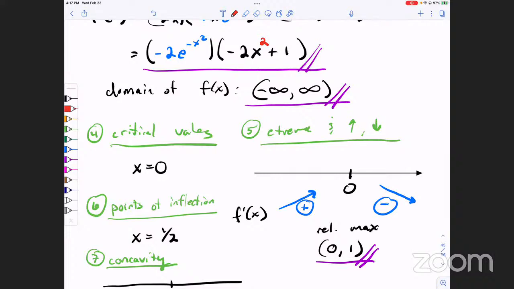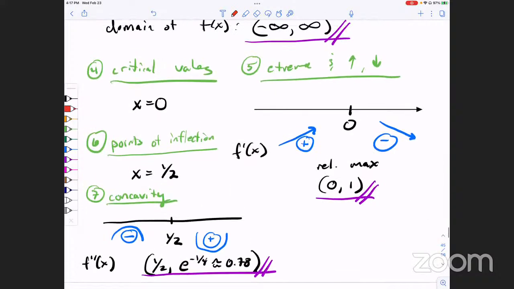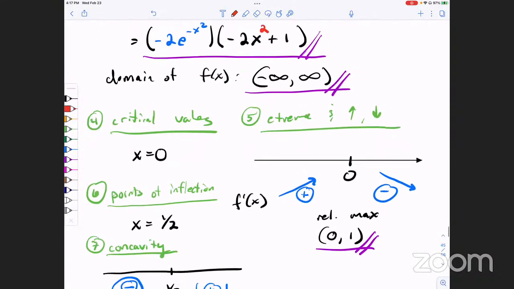2x squared equals 1. Let me write that one out for the point of inflection. So we get 2x squared equals 1. Divide, x squared equals a half. Take the square root.